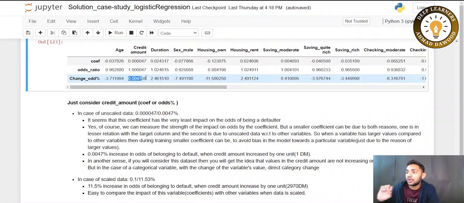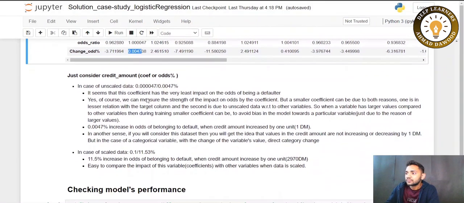So for the sake of coefficient interpretation, we have used the scaled data set. We have not used the scaled data set for the performance of the model. We have used it for a more accurate coefficient interpretation, so that we can analyze the strength of the independent variables in relation to the dependent variable.